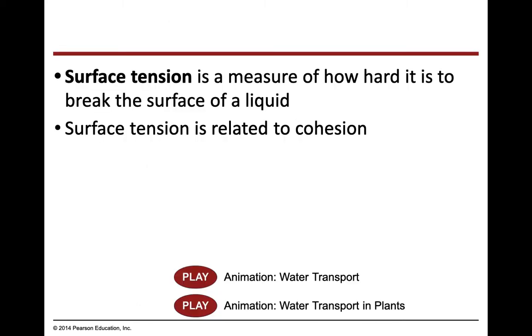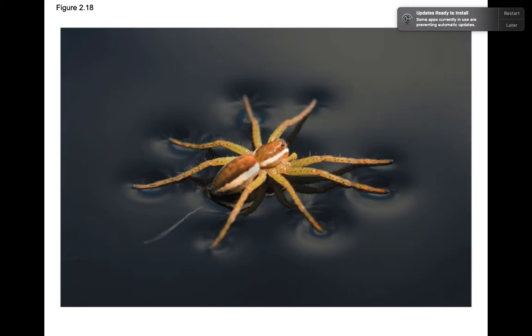Now, surface tension is just a measurement of how hard it is to break the surface of a liquid. If any of you have ever jumped from a really tall place into a body of water or done a belly flop, you will know that water has quite a high surface tension, and that is related to cohesion, and it allows a lot of very interesting animals and organisms to adapt to aquatic-based life, such as this wolf spider, which is non-poisonous, but you might see these in your house occasionally.